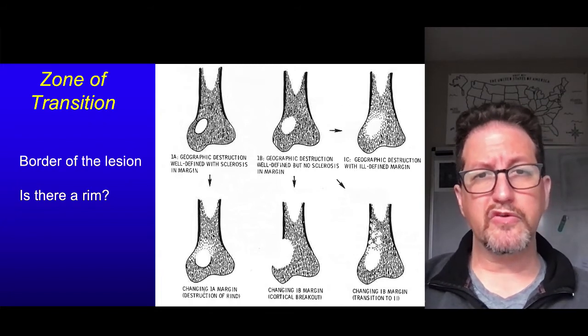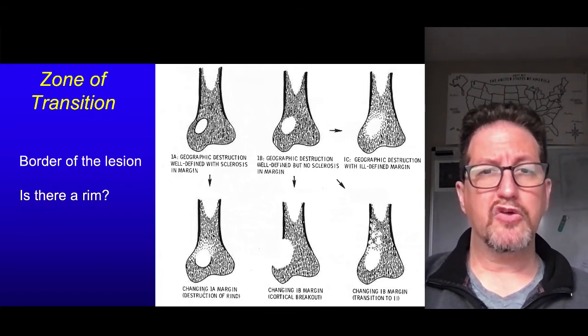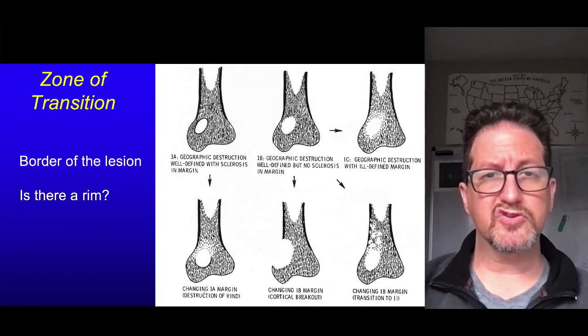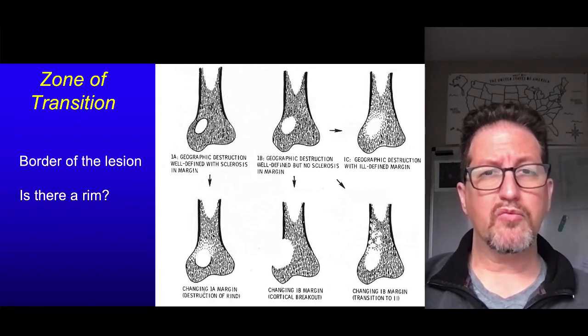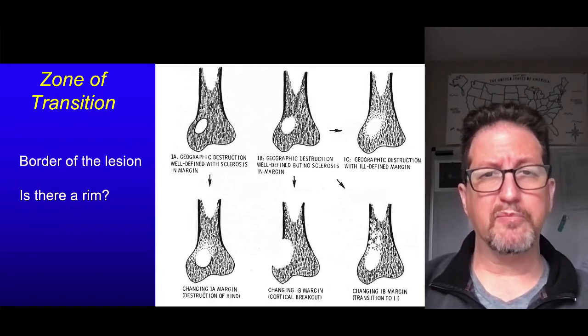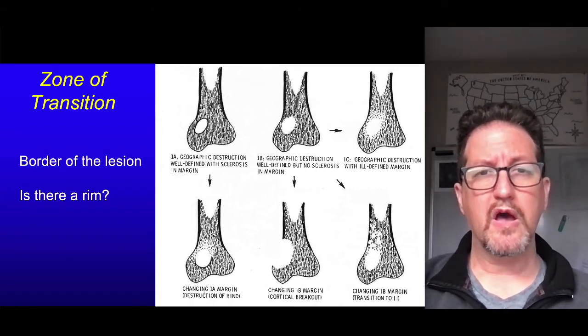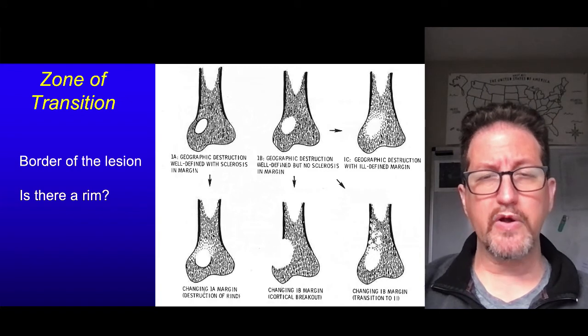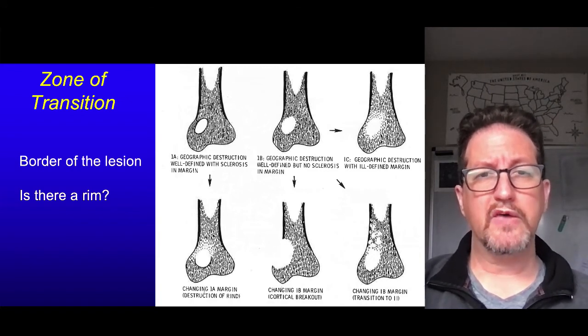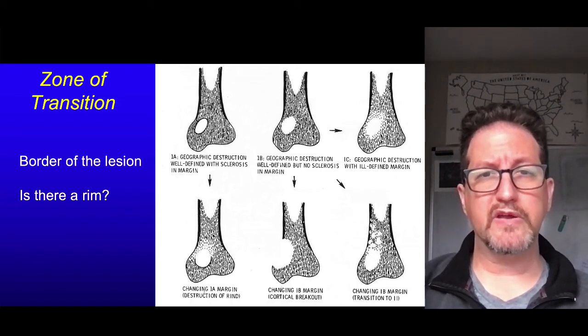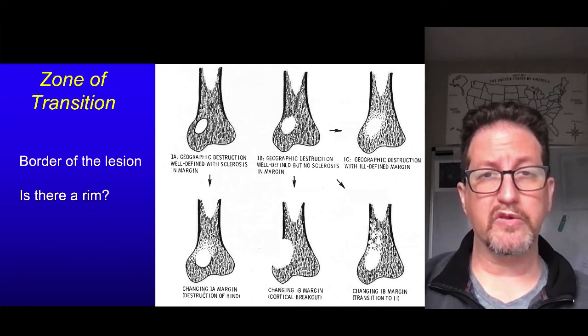Then if you look to the middle top one, you can see that the destructive pattern is now well defined, but it no longer has a sclerosis. So it's growing a little quicker, and the normal bone around it is not able to put down bone enough.